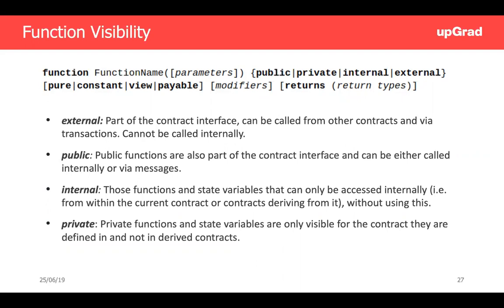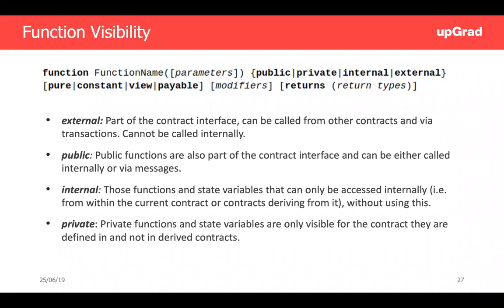Now an internal function is something which can be accessed by the functions inside of the file, or from other smart contracts that are derived from this smart contract. I told you smart contracts support inheritance, so you can import a smart contract inside another smart contract. When you do that, the imported smart contract can also call these internal functions. But any externally owned account cannot initiate a transaction which will call an internal function.